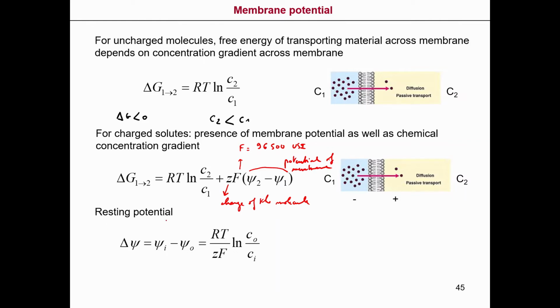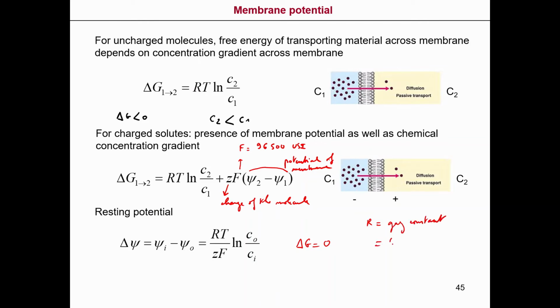So what we call the resting potential is when the delta G is zero, because it's at equilibrium. And so the resting potential corresponds to this, okay? R is the gas constant.